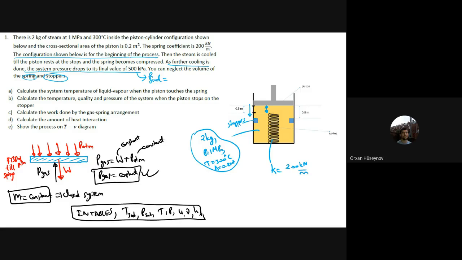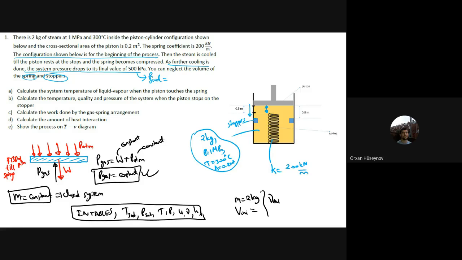In this question, the mass of the steam is given, which is 2 kilograms. I can find the initial volume, and from the initial volume and the mass, I can find the initial nu. Then you can also find the nu when it touches the spring, and from that value you can find the temperature of the liquid vapor.